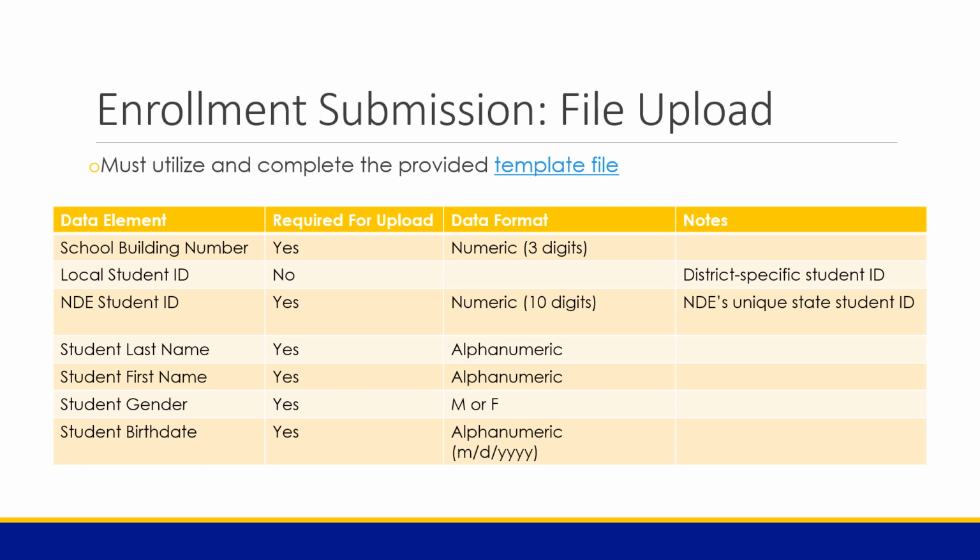The school building number must be a 3-digit number. It does not include your county district number. Rather, it is only the 3 digits identified for the building at which the student will attend or is enrolled. Finally, the student birth date must be formatted to include the month/day/4-digit year of the date of birth for the student.